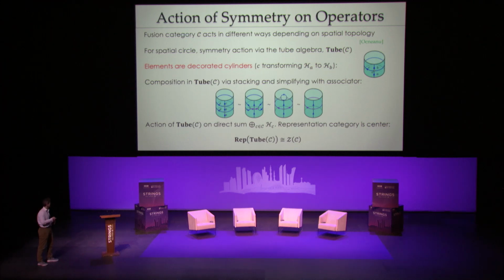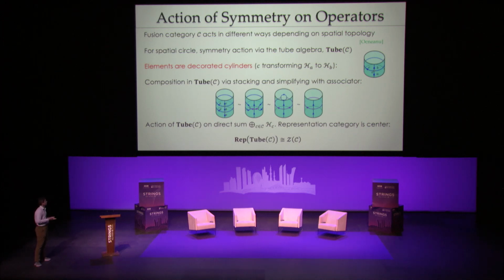That is, vertically stacking them, and then simplifying using the rules of the fusion category. So that's the multiplication rule. So the punchline of this is that there is an action of this algebra on the direct sum of all twisted sectors, all the twisted sector operators there. And in particular, that includes the standard local operators in the theory.